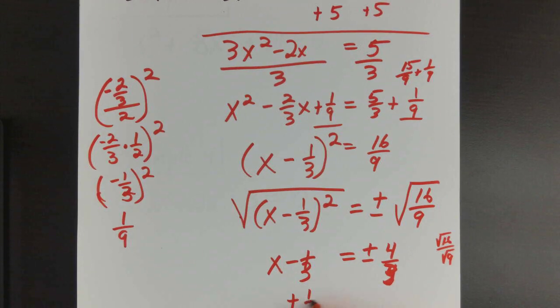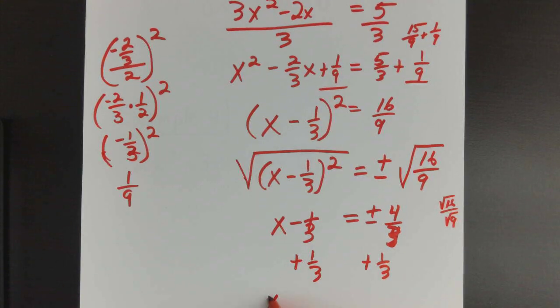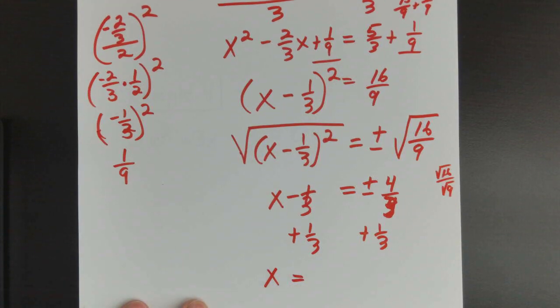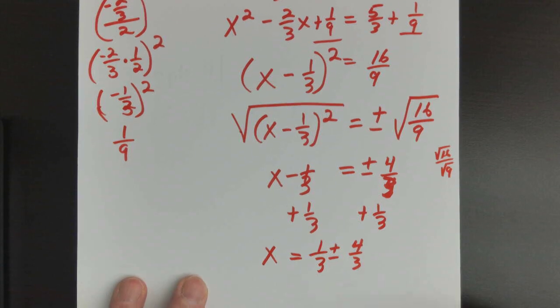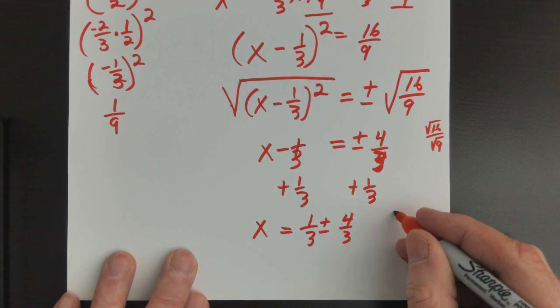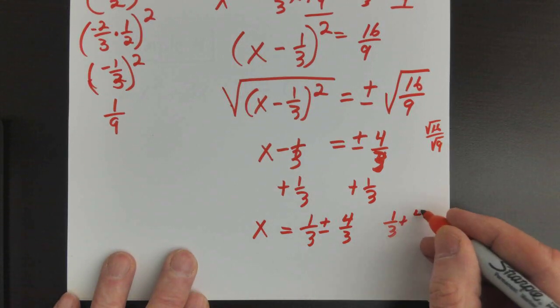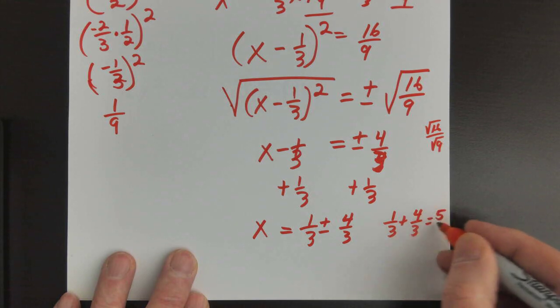And I'm going to add 1/3 to both sides. And this is x. Now we don't have a radical this time. 1/3 plus or minus 4/3. So I'm going to go further and take 1/3 plus 4/3 and get 5/3.